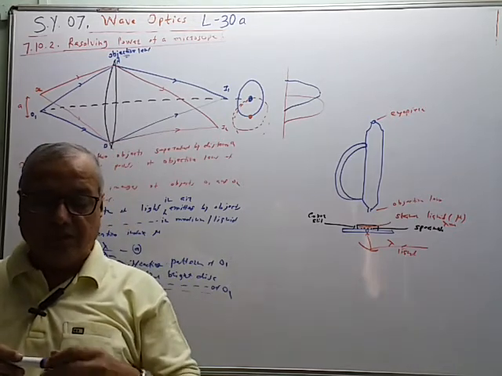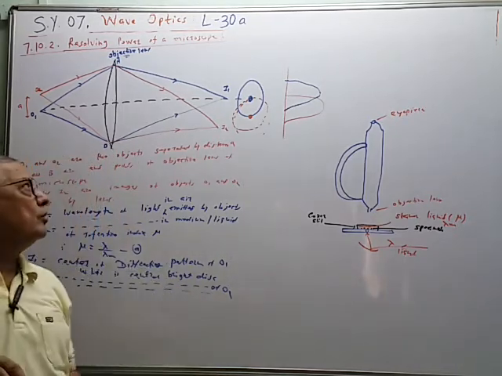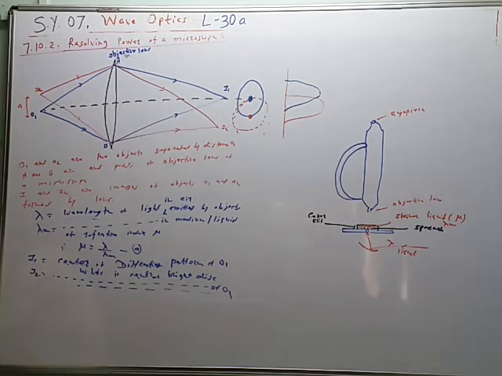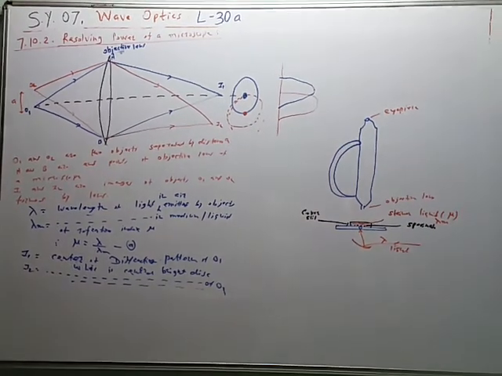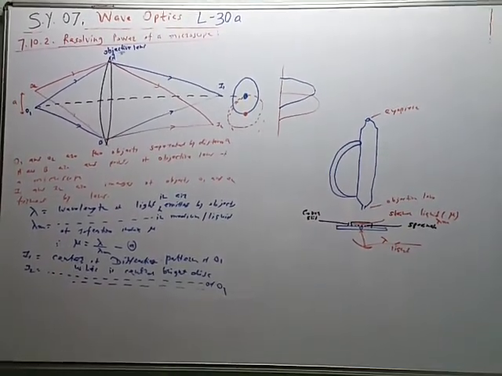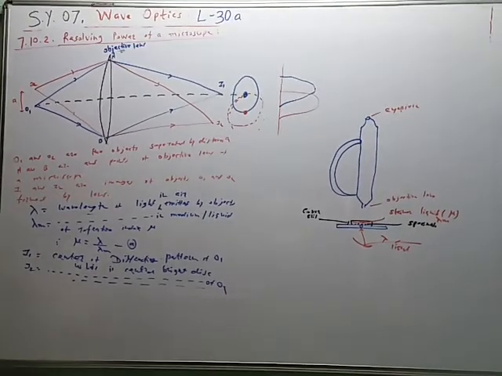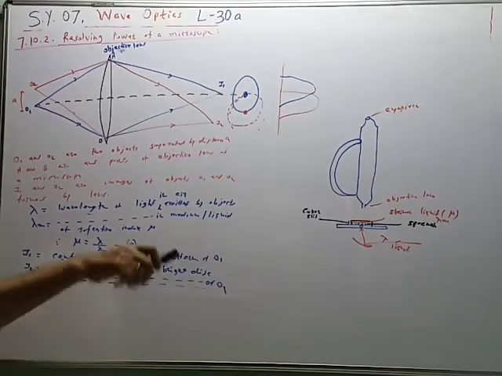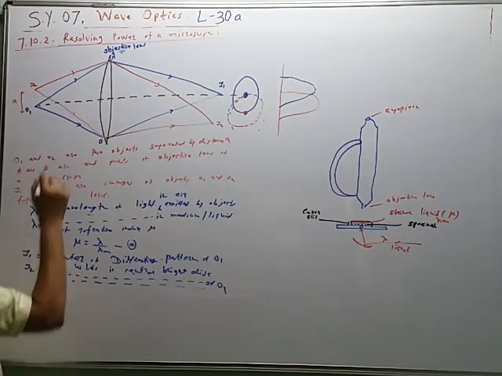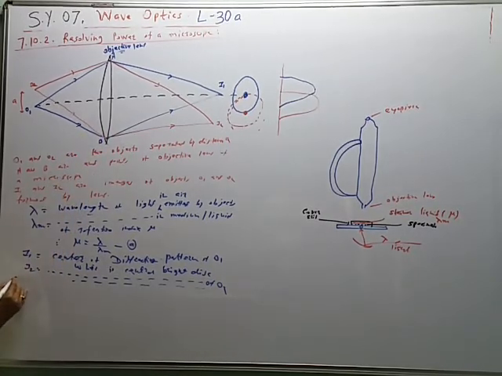Now this is the ray diagram for deriving the expression for the resolving power of the microscope. So this microscope is used like this. So how this resolution is obtained, that is the rule.